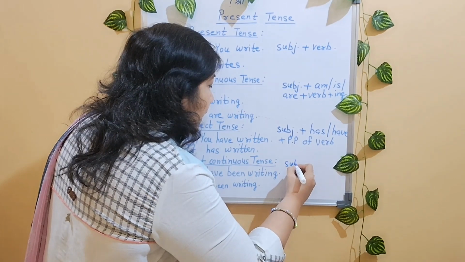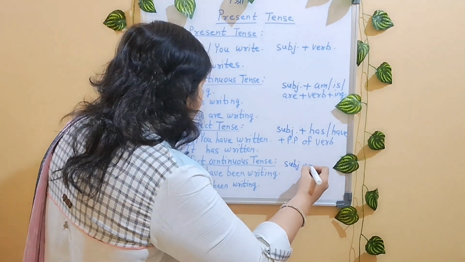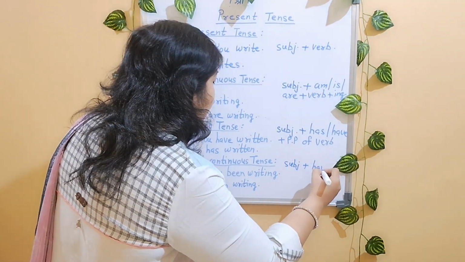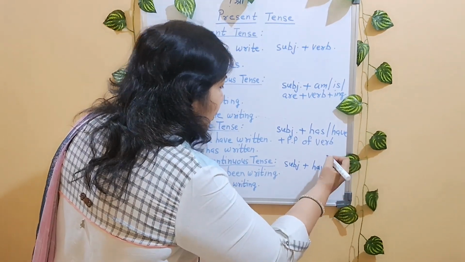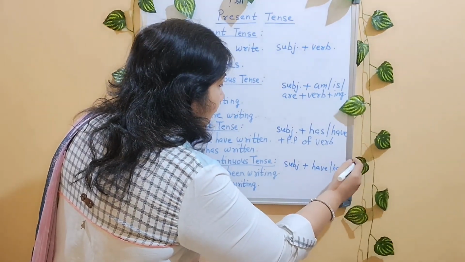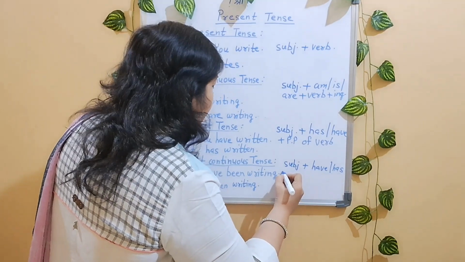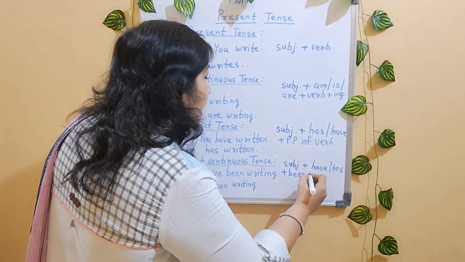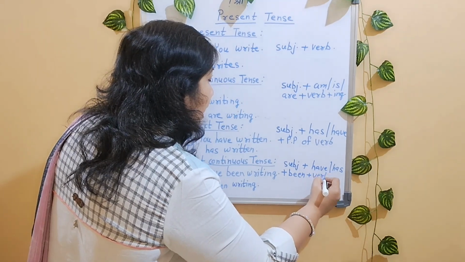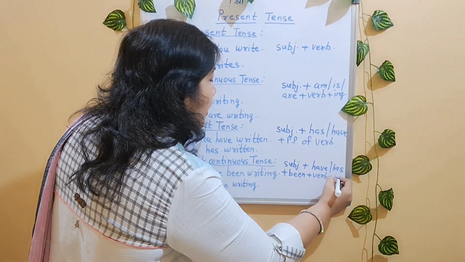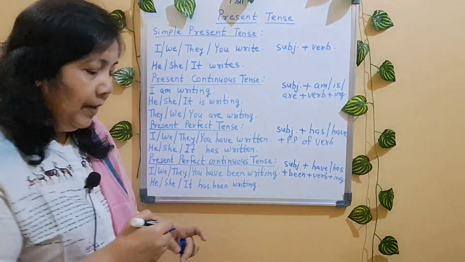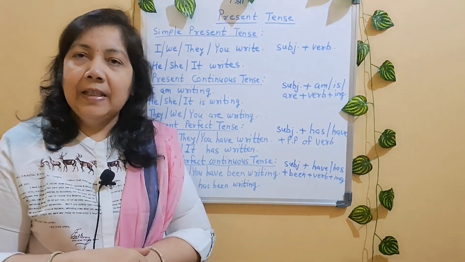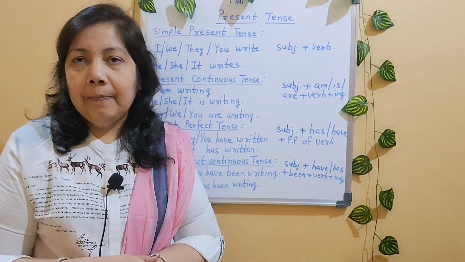Subject first always, plus have or has according to the subject. Have or has, plus been comes, plus the verb and to that verb ing is added. This is the structure for present perfect continuous tense.